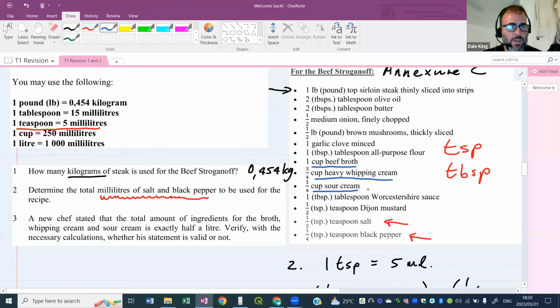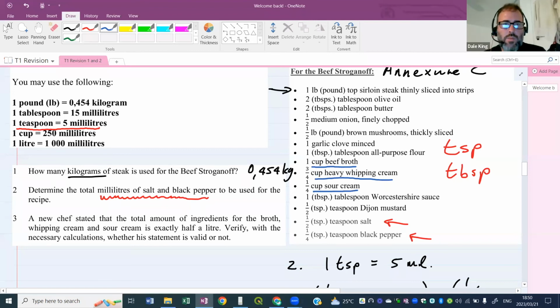Verify with necessary calculations whether the statement is valid or not. In the ingredients list, the broth is in cups, and in fact, they're all in cups.